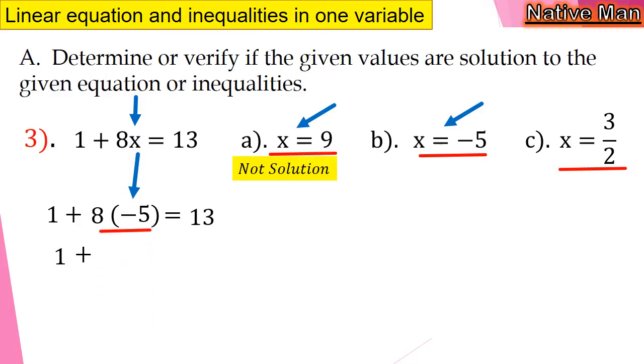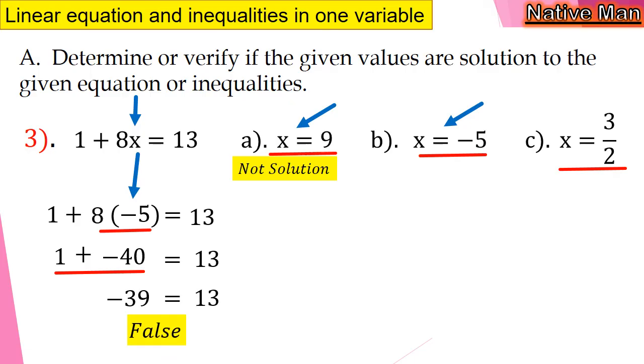So, bring down 1 plus 8 times negative 5 is negative 40 is equal to 13. So, addition na. So, 1 plus negative 40 is negative 39 is equal to 13. So, is negative 39 equal to 13? That is false. Hindi po equal. So, mean to say, yung letter B, x is equal to negative 5 is not a solution.